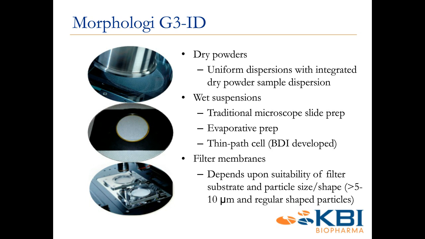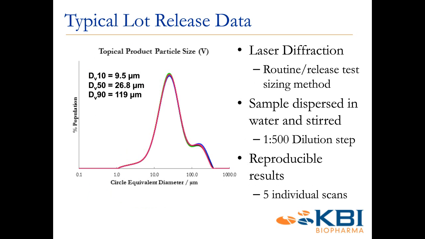We also have microscope slides and a couple other techniques there. We can also handle filter membranes. So if particles are not in an abundant concentration, we can actually filter that sample and collect particles on the surface of a filter for analysis and chemical identity characterization.